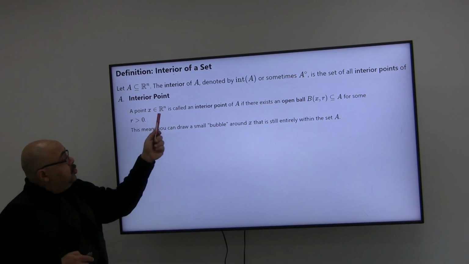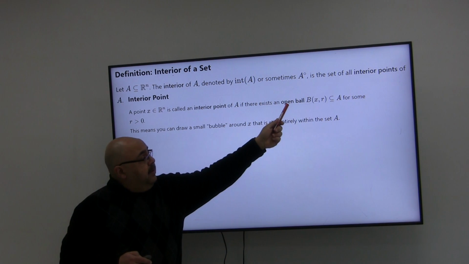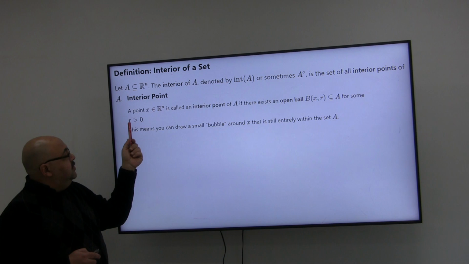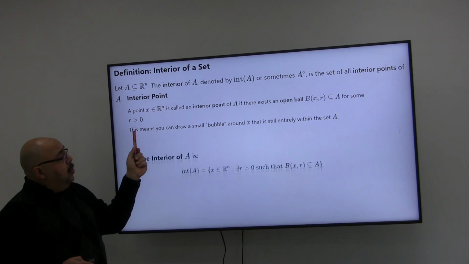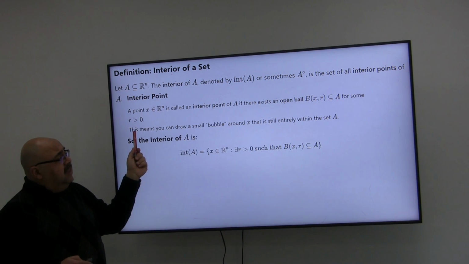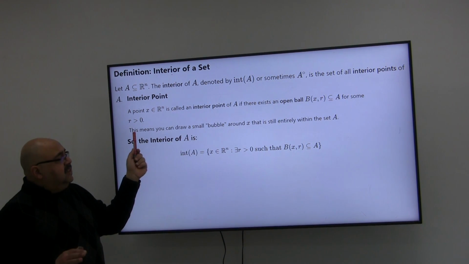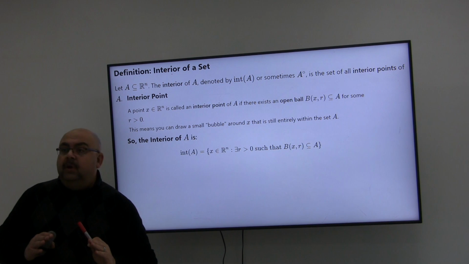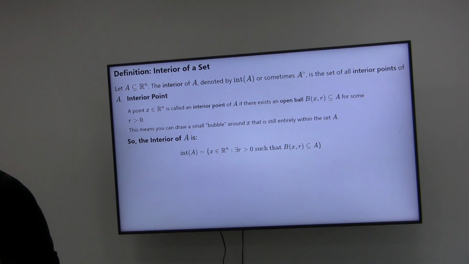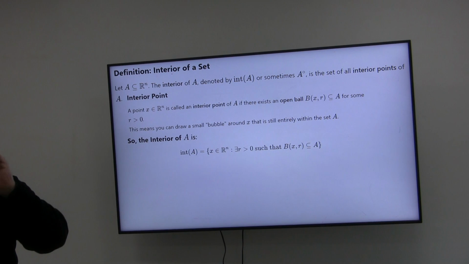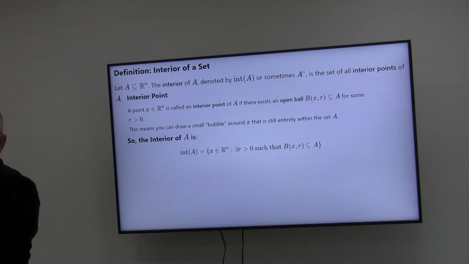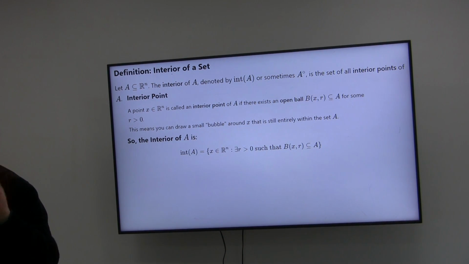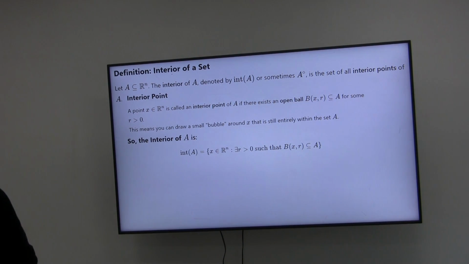A point x is called an interior point of A if there exists an open ball completely contained in A for some r greater than 0. This means you can draw a small bubble around x and still be entirely within the set A. That's the definition of the interior points relative to a set. All the points inside this set, you can draw circles around each one of them with r greater than 0, and they are completely contained in this set.